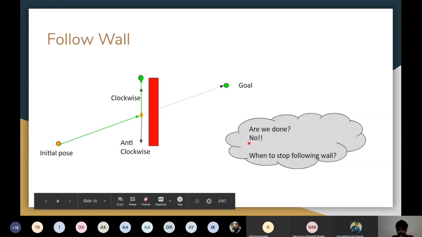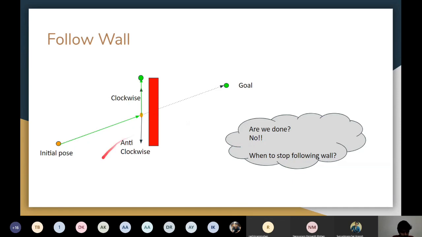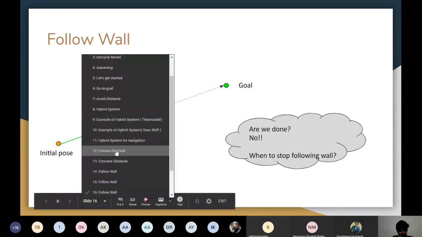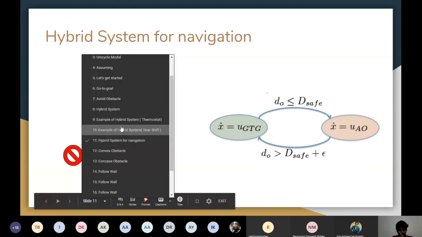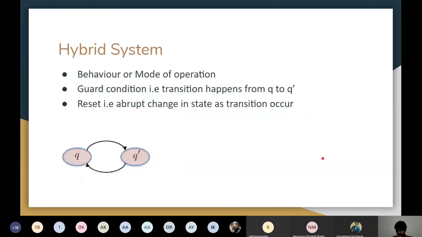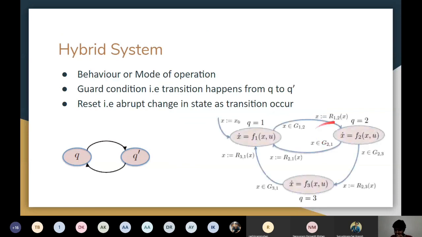Let me switch back to one of the diagrams. Over here, in this diagram, as you know, there are different guard conditions when you move from one behavior to another.